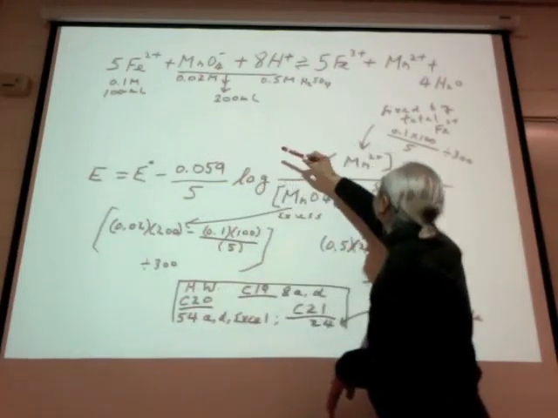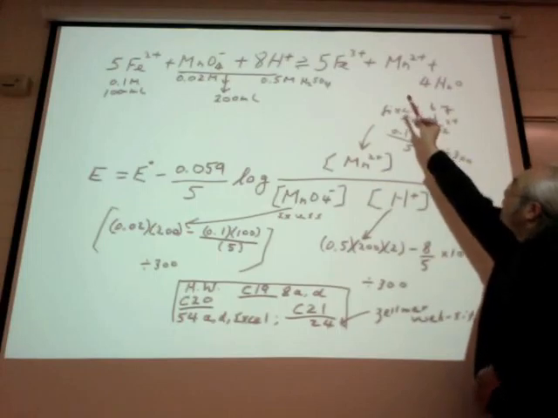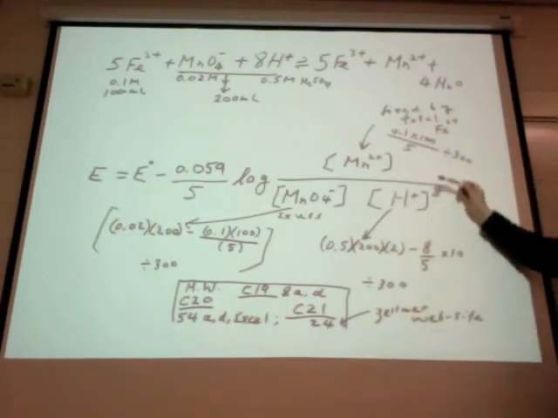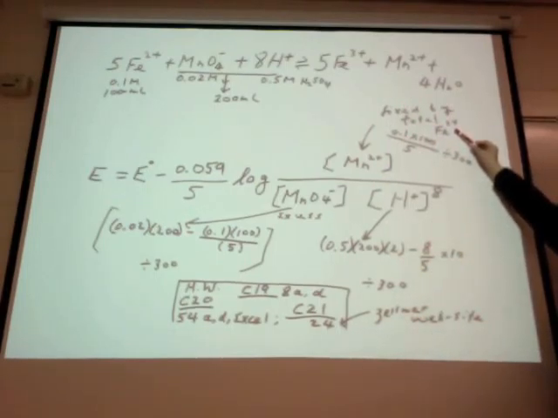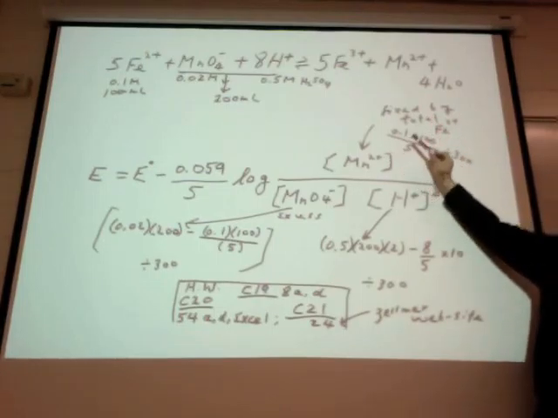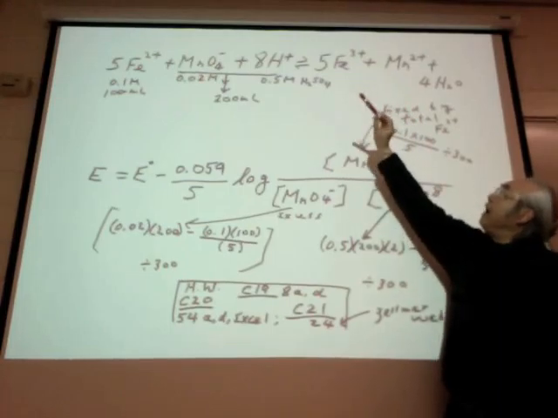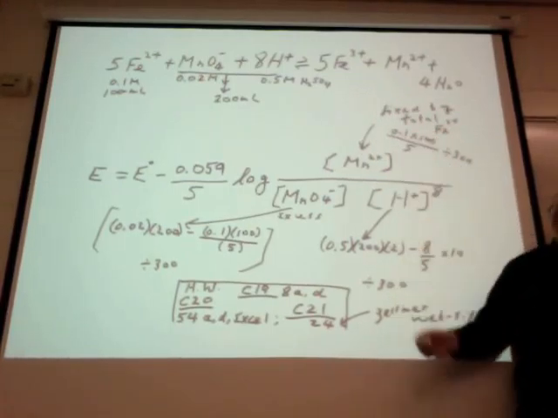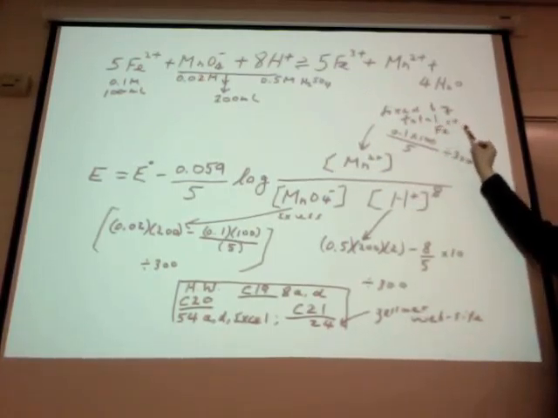All that changes into Fe3+. Correspondingly, for manganese it is 1 to 5, so it's only 1/5 of whatever the total is.